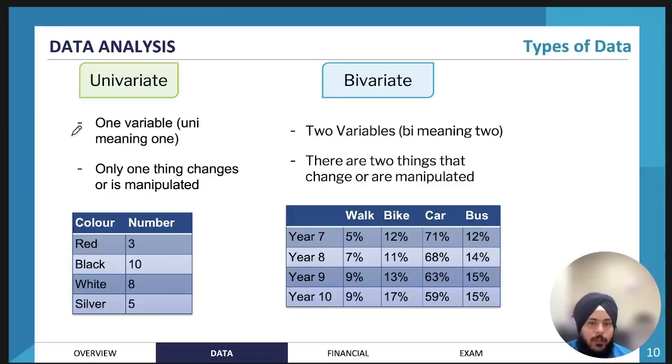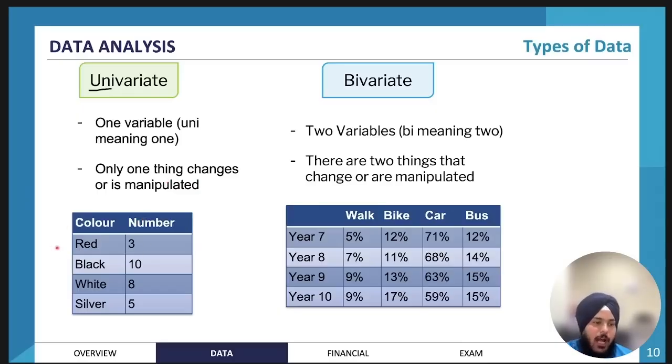Okay, now we'll be moving on to the types of data. We can have univariate data, and as the name suggests, we're only looking at one variable. Uni literally just means one. So when looking at univariate data, we're only describing or measuring one variable, one quantity or one category, depending on what type of variable it is.